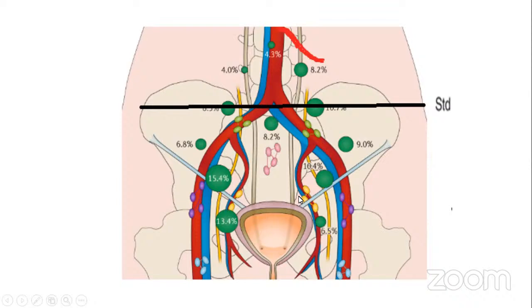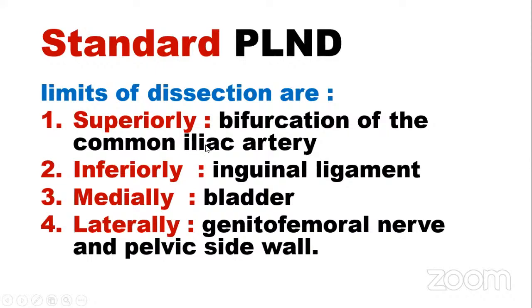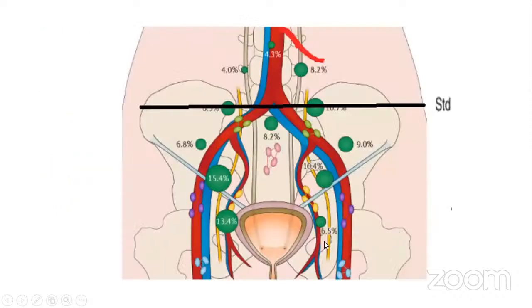So the bladder lies here. We remove the bladder and the lymph nodes up to the bifurcation of the common iliac vessels. Inferiorly, we have inguinal lymph nodes, medially you have the bladder, and laterally you have the genitofemoral nerve.